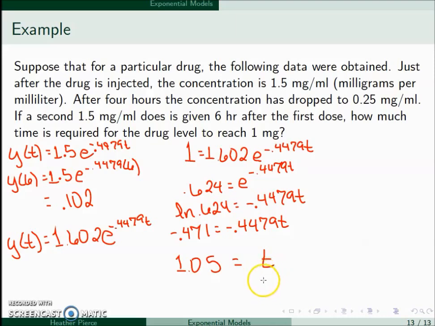So how much time is required for the drug level to reach 1 milligram? It'll be 1.05 hours after the second dosage. So if we consider it from the second dosage, 1.05. If we consider from the first dosage, 7.05.